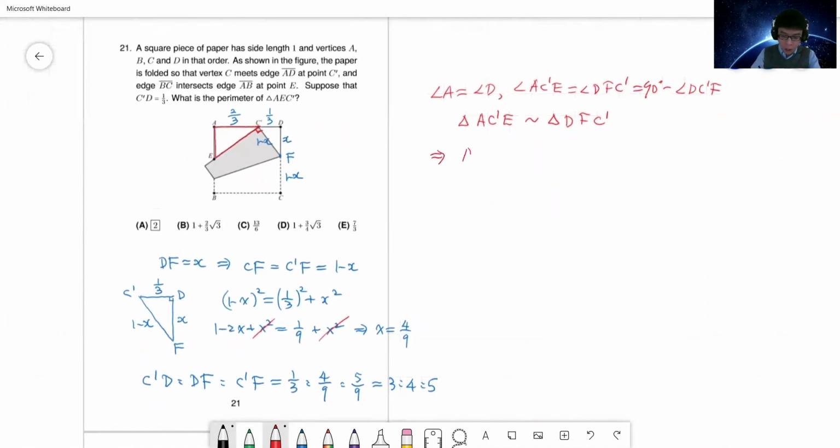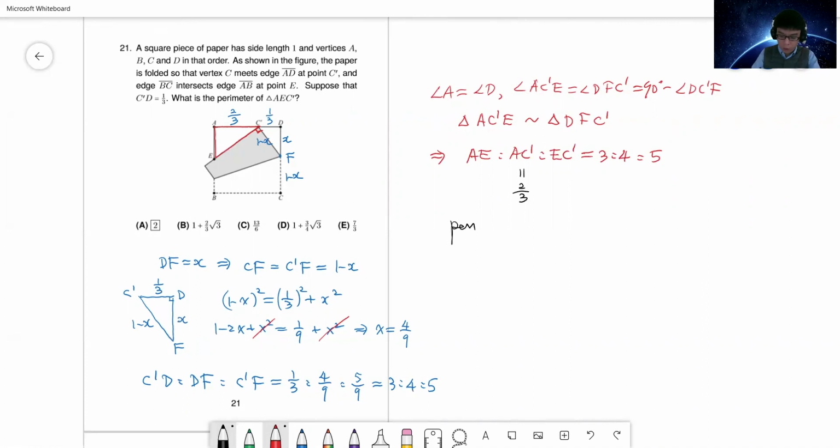That means, okay, we should start from AE. AE corresponds to C prime D. So AE to AC prime to EC prime is 3 to 4 to 5. And now we know that AC prime equals 2/3.